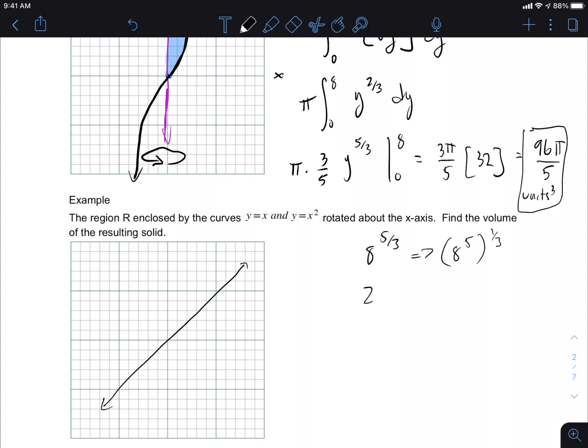I would do this. 2 to the 3rd to the 5/3 is 2 to the 3rd times 5/3, which is 2 to the 5th, which is 32. I just did it in my head. Sorry. But does that make sense, Jose? Make sense?